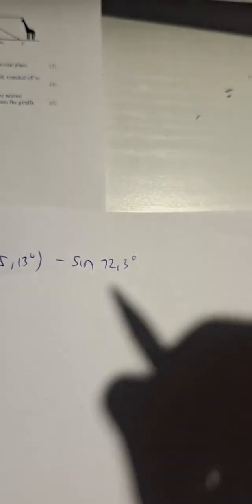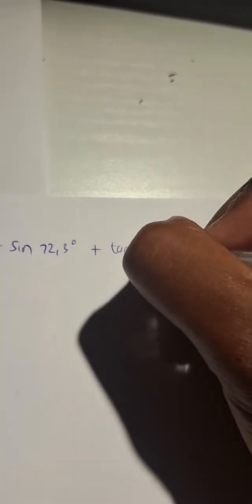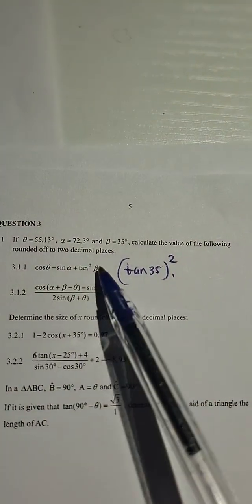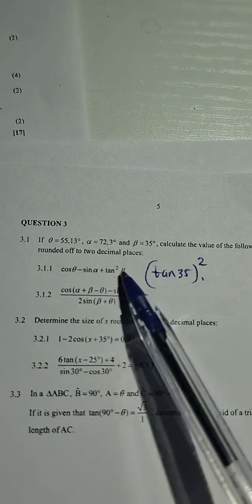Cos of 55,13 minus sine alpha 72,3. It makes a world of a difference. Okay, what answer did you get? Tan 35 squared, because that's what the tan squared means. That tan squared means the entire thing squared, the entire thing that you have.